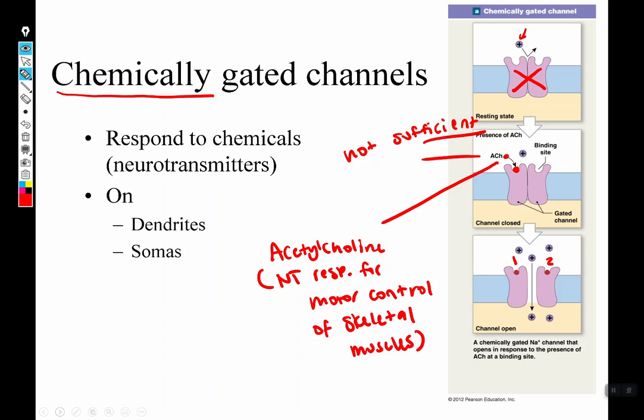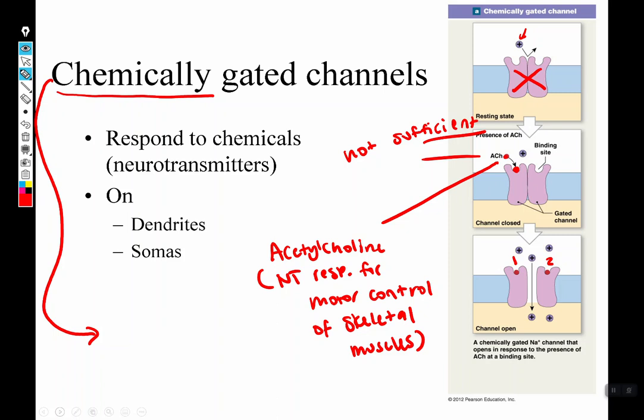The reason I'm emphasizing the fact that 1 isn't enough and we actually need 2 is because that's one of the special things about chemically gated channels that allows them to produce graded potentials. If I have a population of these channels all next to each other, so let's say I have 200 acetylcholine receptor ion channels, but I only have 100 molecules of neurotransmitter, that means I'm only going to open about half the channels.